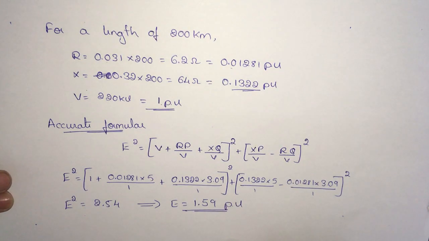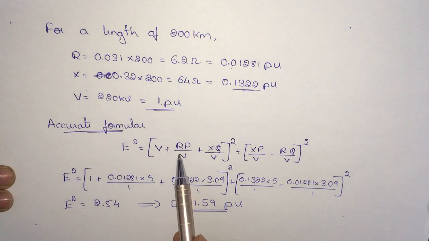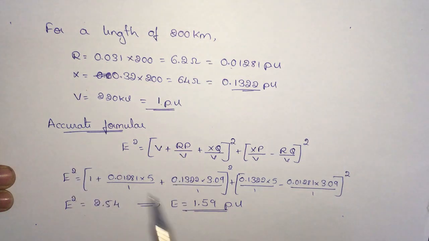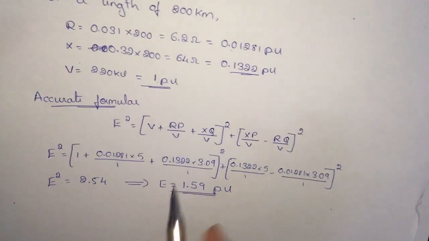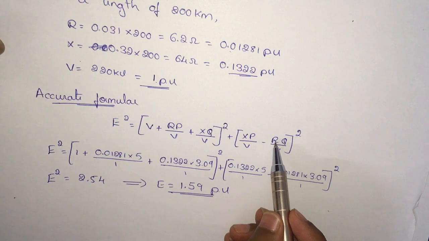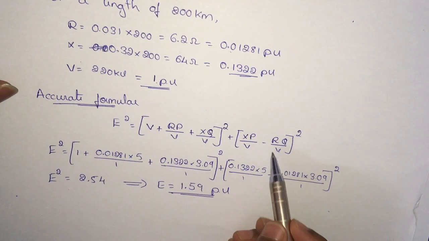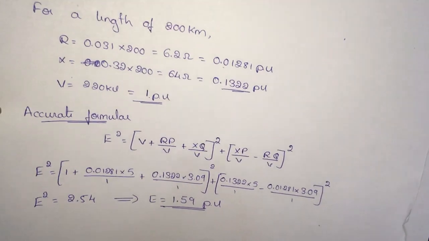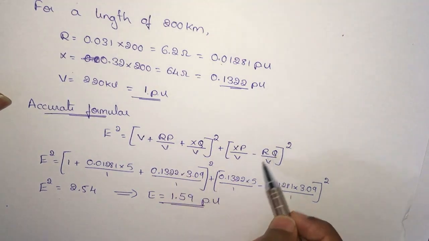With respect to the accurate formula considering resistance, we got the value of E as 1.59 per unit. What if we neglect the resistance with the accurate formula? Let us neglect the value of R, marking R as 0 in the accurate formula. This tends to 0.